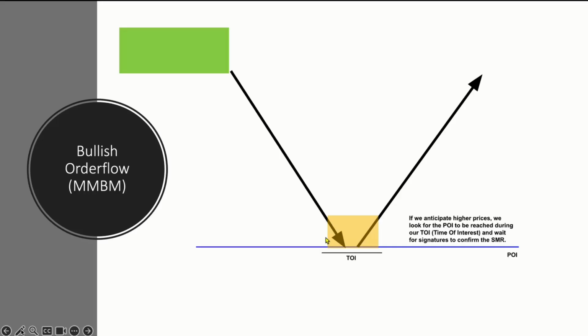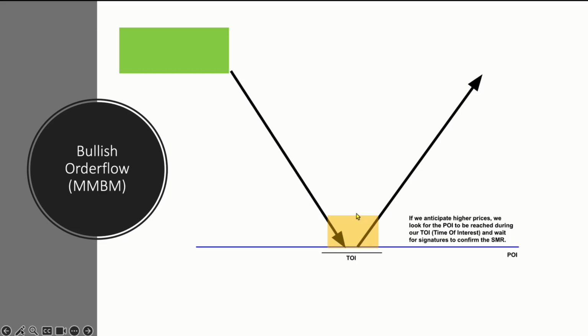So before we can add extra additions to our current model, we will first take a look at the market maker buy model schematic. It's a rather simple schematic where we can see a green box up here, which represents an original consolidation, an area where buy-side liquidity has been engineered above the highs, followed by sell-side delivery lower into our point of interest during our time of interest.